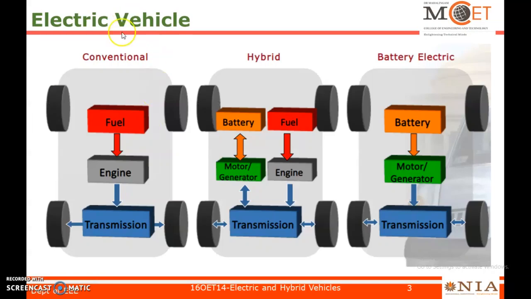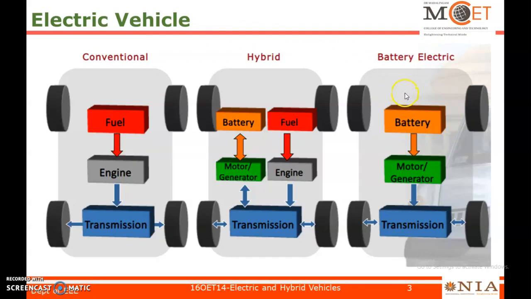Before entering into the concept of electric vehicle, we must know the comparison between the conventional vehicle, the battery electric vehicle or simply electric vehicle, and the hybrid vehicle system. In the conventional vehicle system, there will be a fuel tank to store the fuel, whereas in the battery electric vehicle system, there will be a battery to store electricity as a resource.